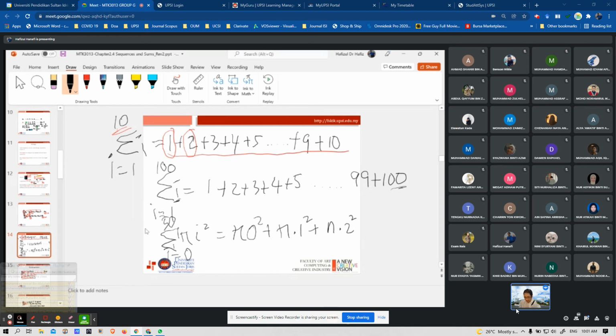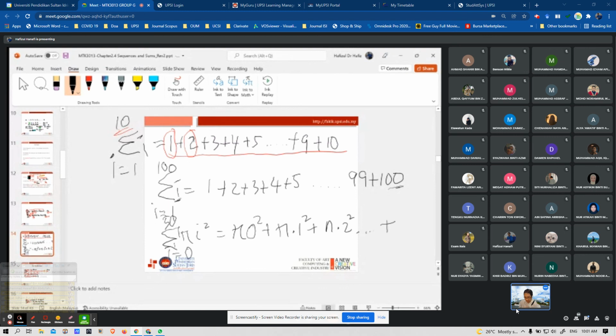We keep going until pi times 49 squared. And finally, we increment I to become 50. So we are going to plus pi times 50 squared.